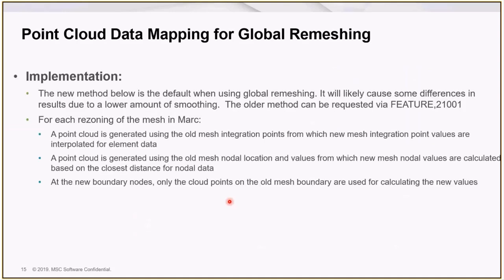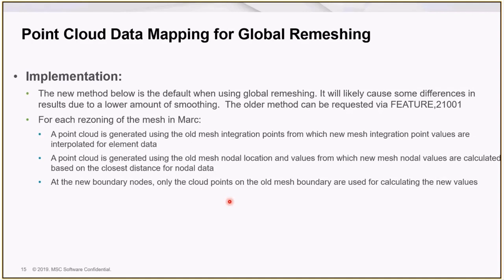If we look at the implementation, I'm going to just talk you through it. It is the new default, as I mentioned again. I apologize if I'm being repetitious with stuff like that, but we do think it's very important that we do our best to make sure you're aware of that. So it will likely cause some differences in the results compared to a previous analysis that's using remeshing.